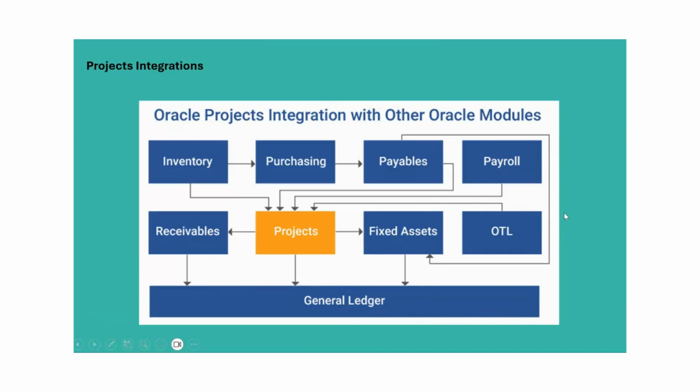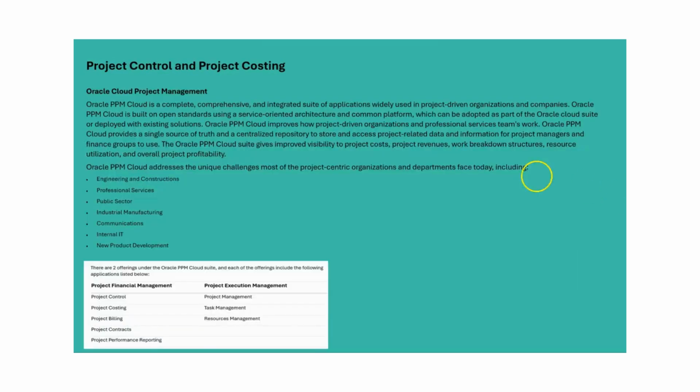Now in project execution management, what gets covered is the resourcing part. So you definitely have to define your resources and assign those resources to your projects. You do task management, so you can assign different tasks to your project resources and track the status or track the progress of them. Going back to the first slide, you can do your project management.